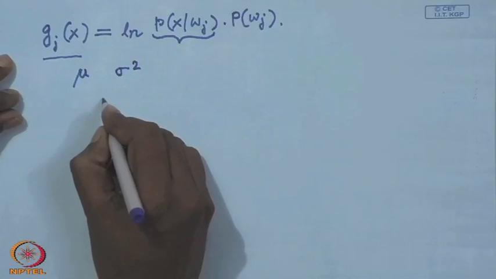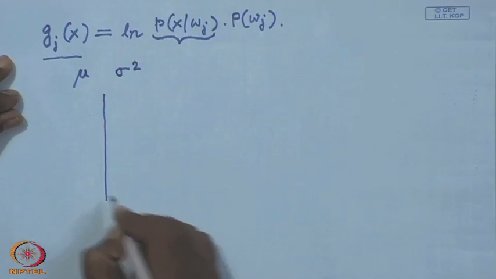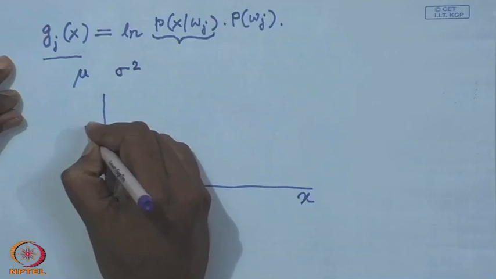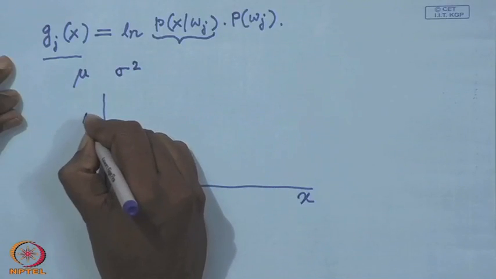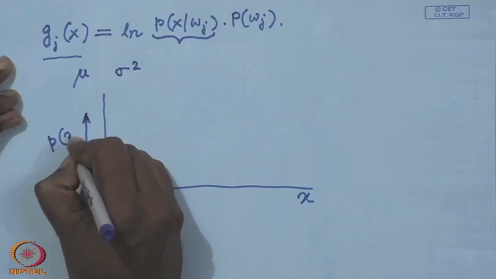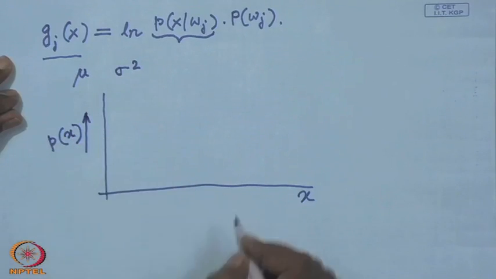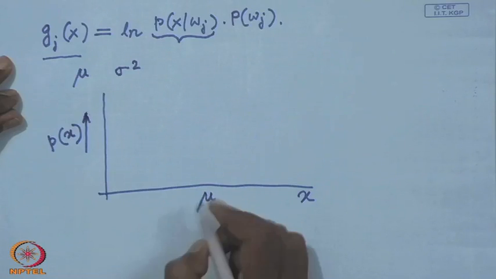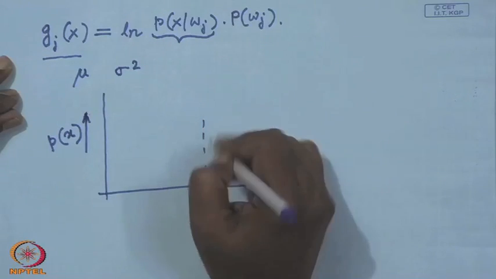If I plot it, this is my variable x, and along the vertical direction I plot p of x, and the curve, if mu is the mean of the samples, will be something like this.